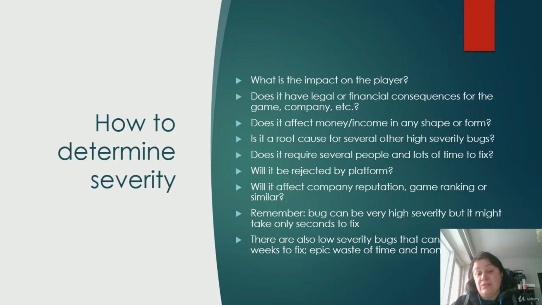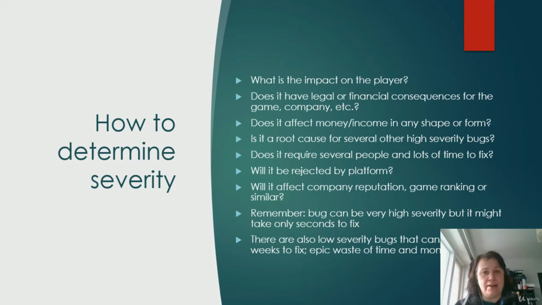I said, also remember, a bug can be very high severity, but take only a few seconds to fix. So changing the spelling of the letter S is literally a 1 second job, but it's really high severity. And there are also lots of low severity bugs, but they can take weeks to fix. They can take a long time to fix. And then we have to ask ourselves, is this worth our effort?